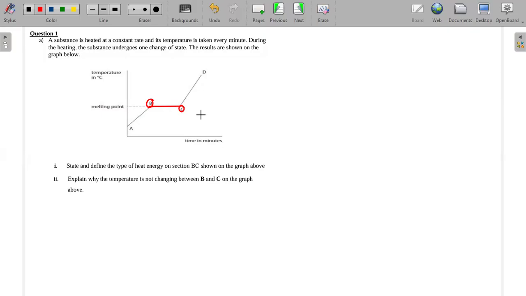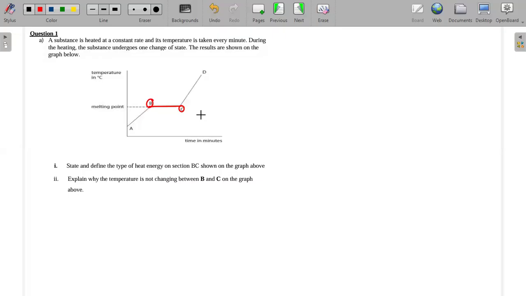So melting is taking place. The reason we're not experiencing a change in temperature is because the thermal energy being added to the system is absorbed to break down the bonds that existed in the solid. Hence, the substance changes from solid to liquid at a constant temperature.